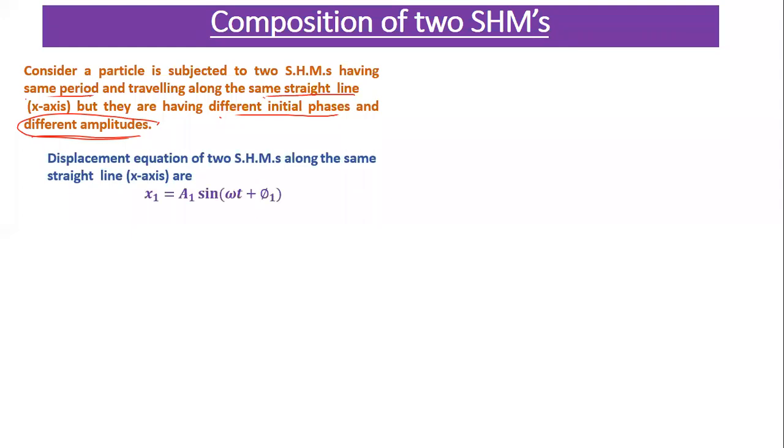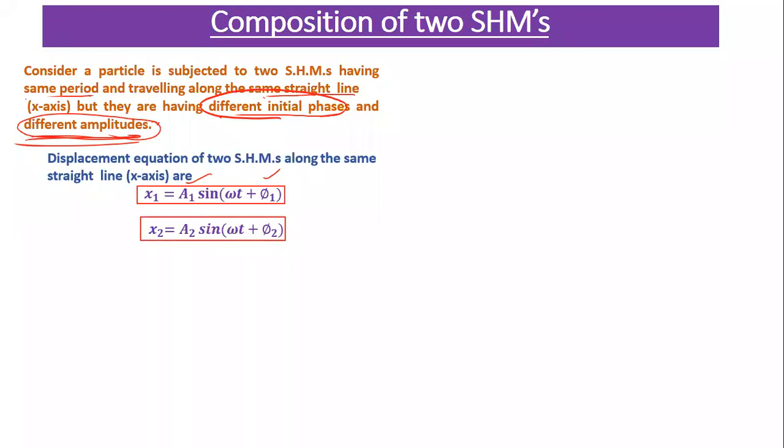The first equation is x1 is equal to a1 sin(omega t plus phi 1), because we consider different amplitudes. So the amplitude of the first SHM is a1, and the initial phase is also different: phi 1 for the first one and phi 2 for the second one. So the second equation is x2 is equal to a2 sin(omega t plus phi 2). So we get two equations for SHM. Now we have to consider the composition of these two SHM.